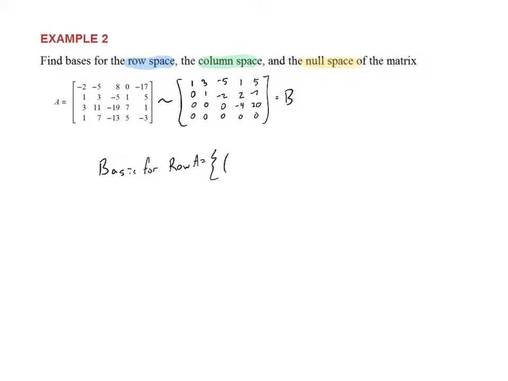The first vector is row 1: 1, 3, -5, 1, 5. That is the first vector in the row space. The second vector is 0, 1, -2, 2, -7. And the third vector in the basis for the row space, 0, 0, 0, -4, and 20.